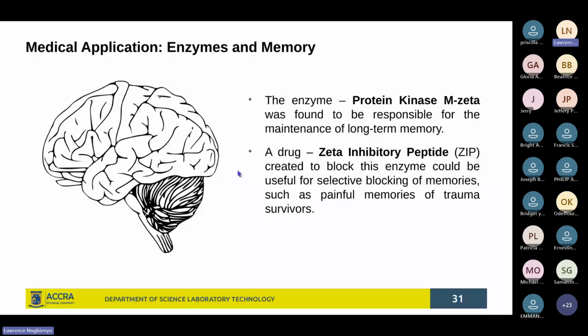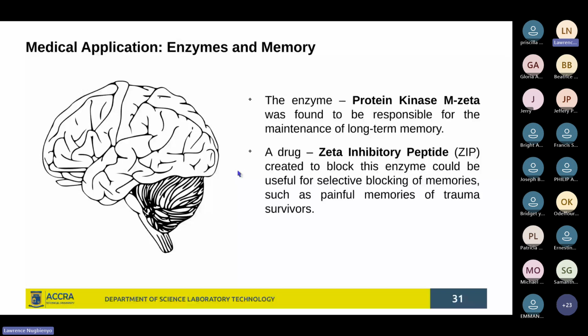And all of this long-term memory causes them trauma even after the war. Some have sleepless nights and so many other things concerning mental disorders.